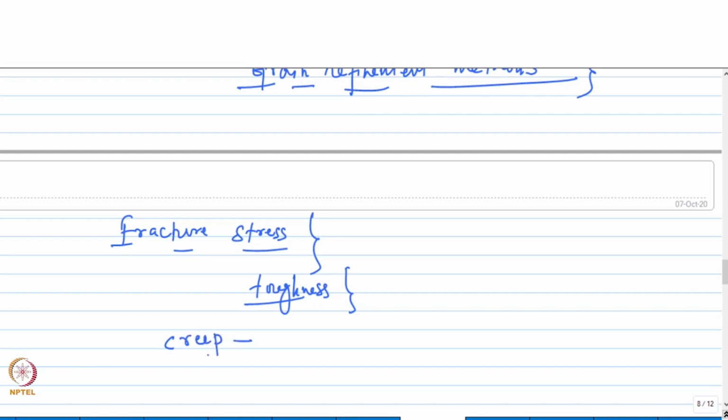is creep, which is a time dependent high temperature deformation process, right? So one of the mechanisms of creep is through grain boundary sliding.